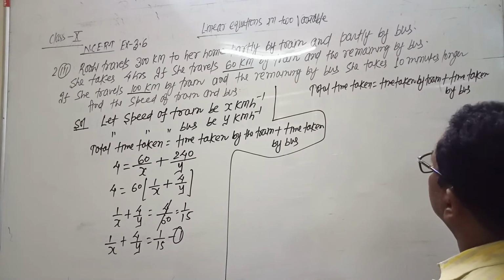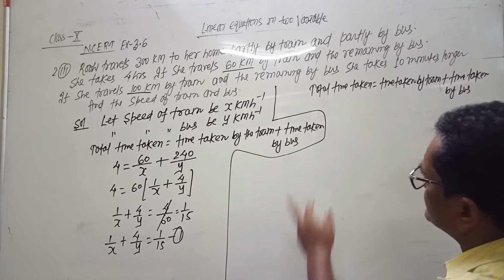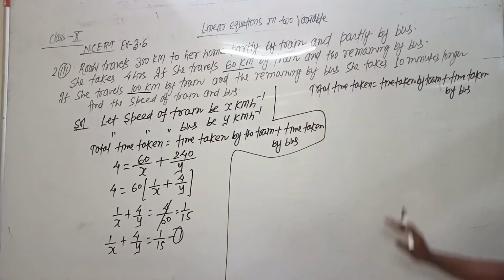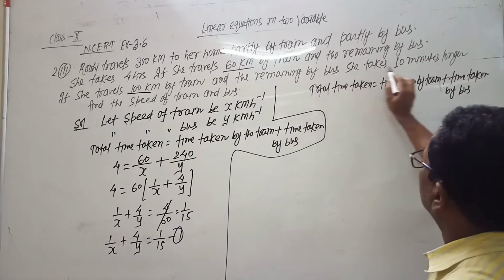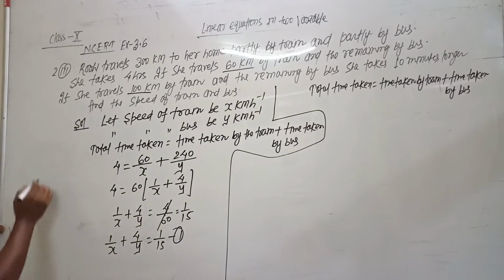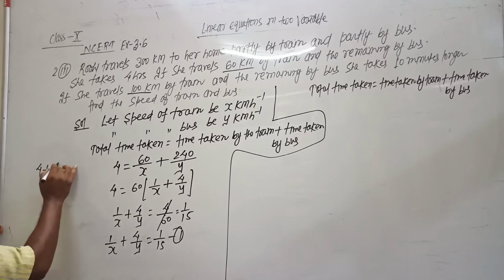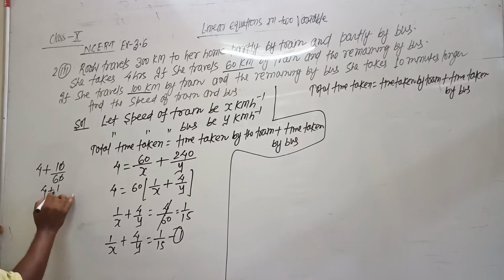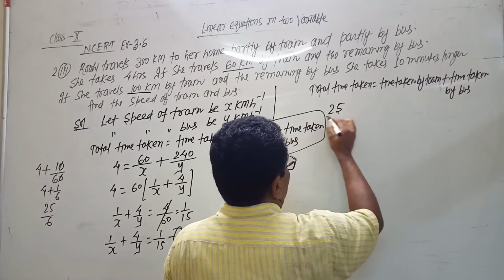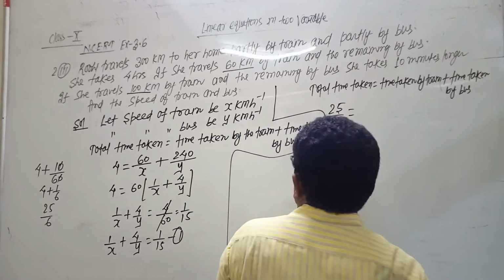Now it is given that if she travels 100 km by train and the remaining 200 km by bus, she takes 10 minutes longer. So the previous time was 4 hours, and now she takes 10 minutes longer. Converting minutes into hours, we get 4 plus 1 by 6, which is 25 by 6. In the second case, the total time taken comes to be 25 by 6.